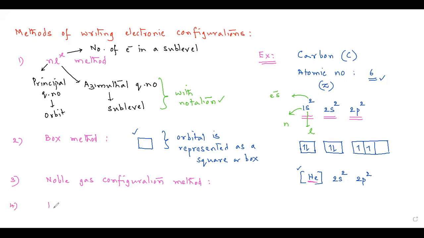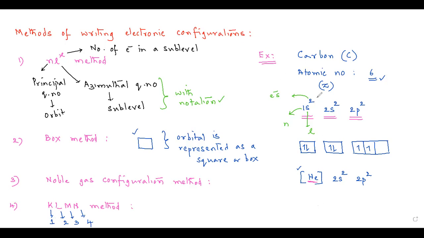Finally, the KLMN method. The KLMN refer to the orbits. What do you call the first orbit? Yes, it is the K shell or K orbit. L is the second orbit, M is the third orbit, N is the fourth orbit. So now, how many electrons are there in the first orbit?